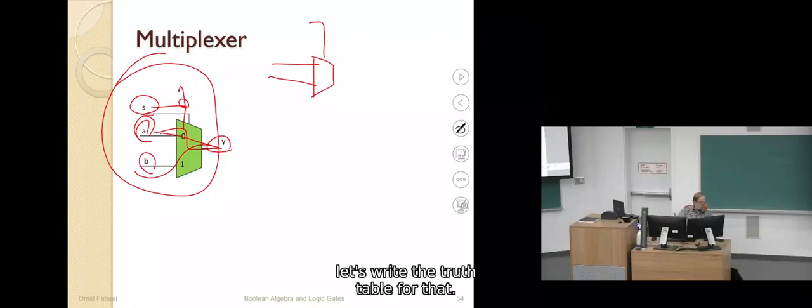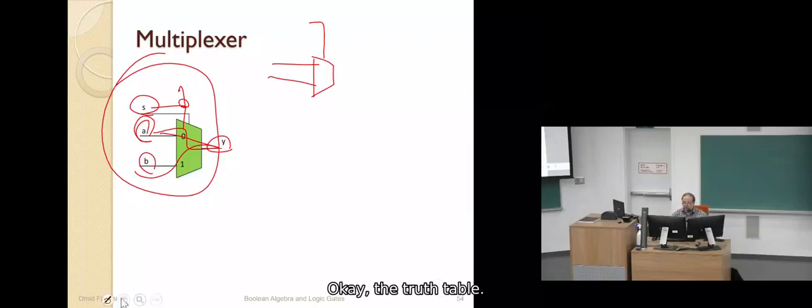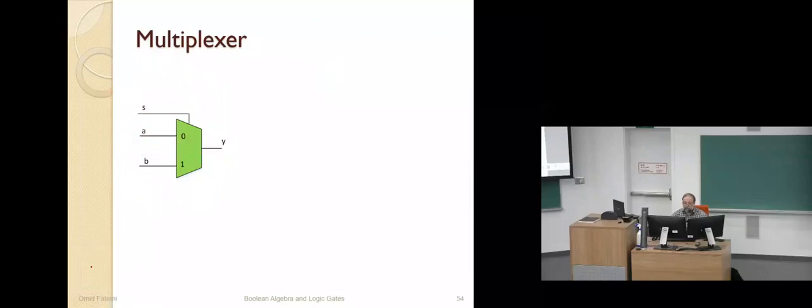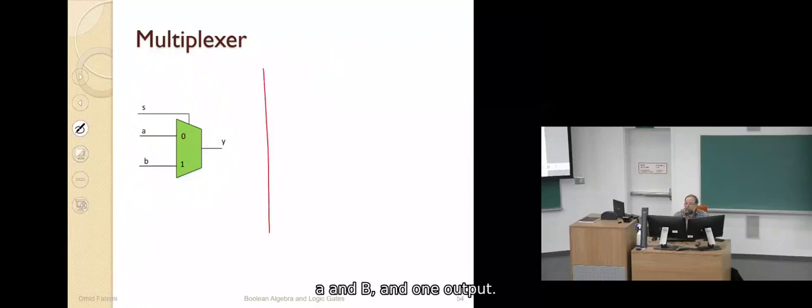So let's write the truth table for that. The truth table has 3 inputs, S, A, and B, and 1 output.